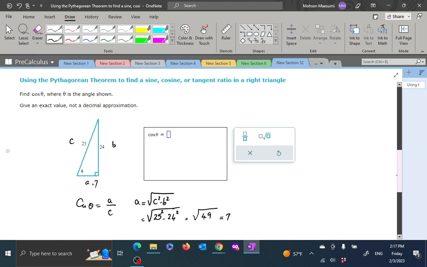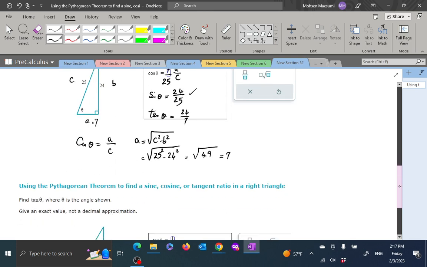So A over C in this problem becomes 7 over 25, and if we were asked for sine, it would have been 24 over 25, and if you wanted tangent, it would have been 24 over 7. Of these, the tangent was available to us without any calculation, but the other two we needed to calculate A to be 7, and then we'll be done.